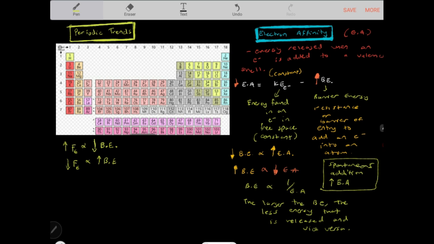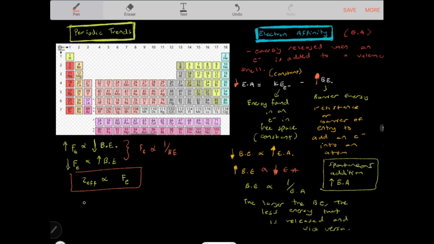We can understand that force of attraction can be dependent on a few things, right? Like the effective nuclear charge is directly proportional to the force of attraction. We stated that the force of attraction and barrier energy, based on this relationship, is inversely proportional, right? But the effective nuclear charge and the force of attraction are directly proportional.